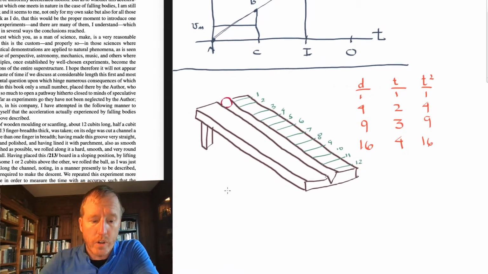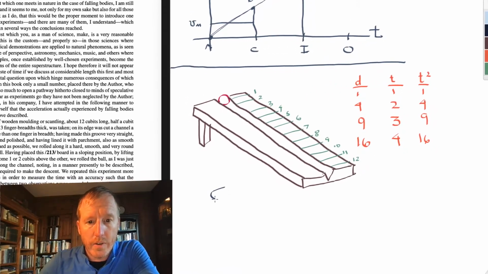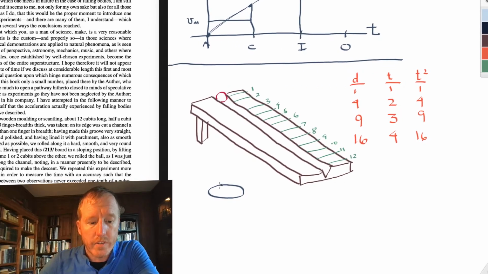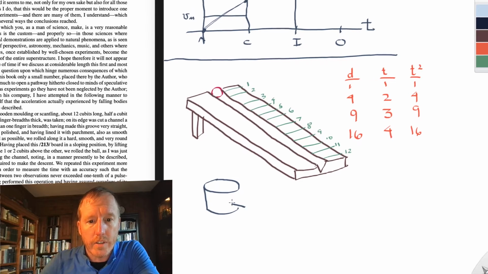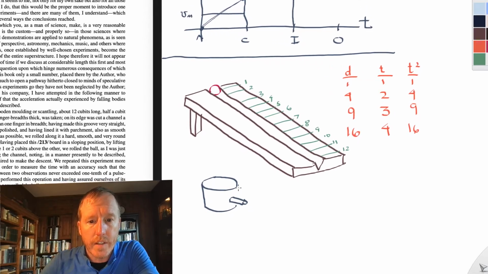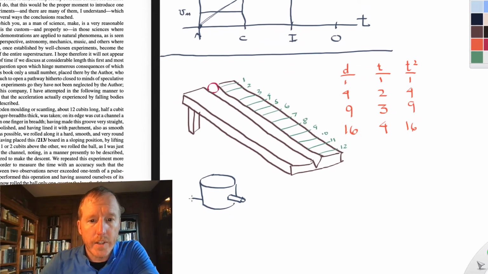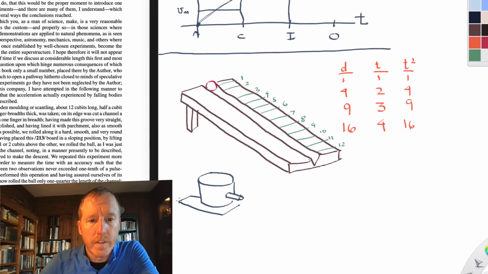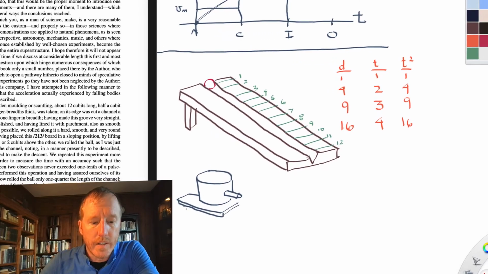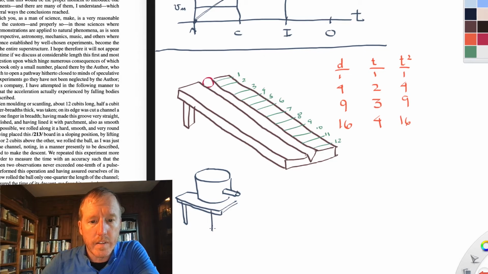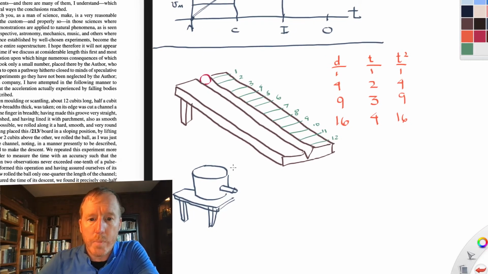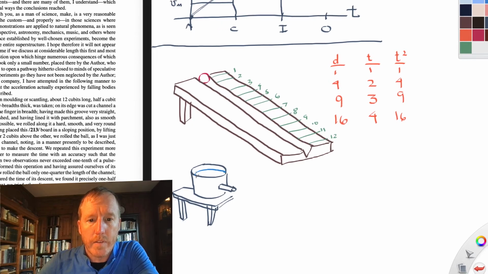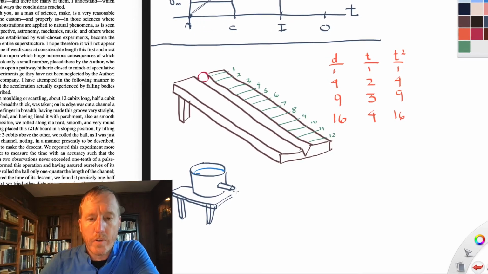So instead, he used what's called a water clock. So how does one set up a water clock? It works something like this. You take a jug and you fill it with water, and this jug has a little spout sticking out of the side, a bit like this, and you put this up on a table, an elevated table, like this, and you fill it with water, and you put your hand over the spout.